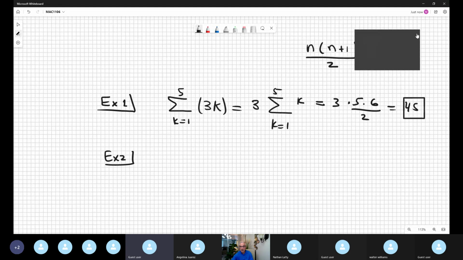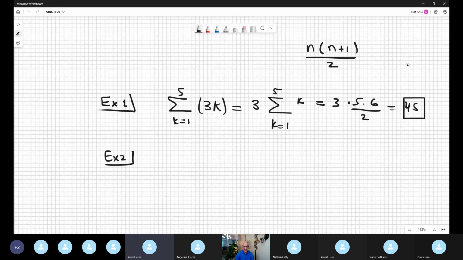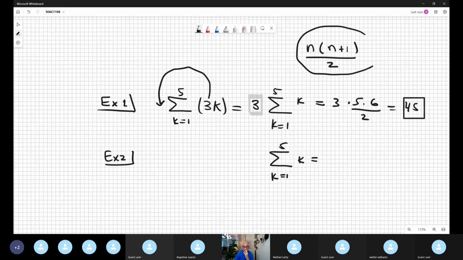The 3 times 5 times 6 divided by 2. Look. You understand? Okay, these 3 you put outside the summation symbol. That part you follow me? Because I am using the property number 1. Now I focus on that summation, the summation in which you have only k, not k squared, not cubic. This is the formula.